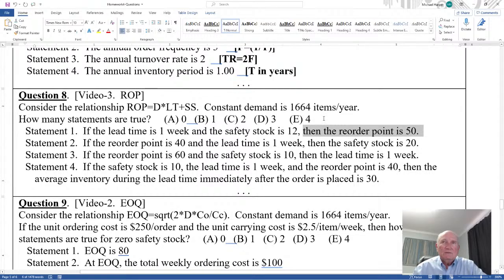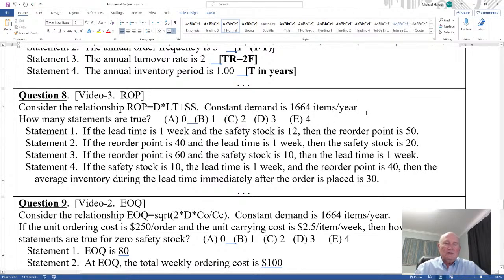So I have the ROP, I have the lead time and safety stock. So I give all 3 of them, and basically you say, do they all fit? Are all the numbers correct? In other words, notice my lead time is 1 week, and so every time it's 1 week.